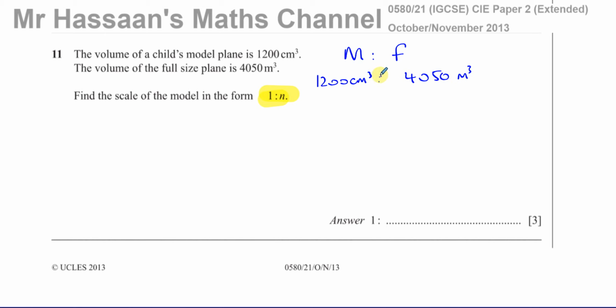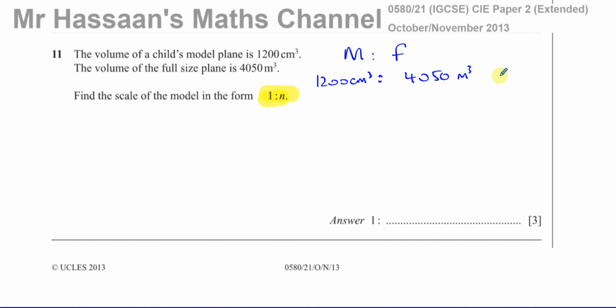So now we see that the units are not the same. So one of the things that we should try to do is to make the units the same first, and then we can deal with simplifying the ratio, and then changing them from a ratio of volumes to a ratio of lengths.